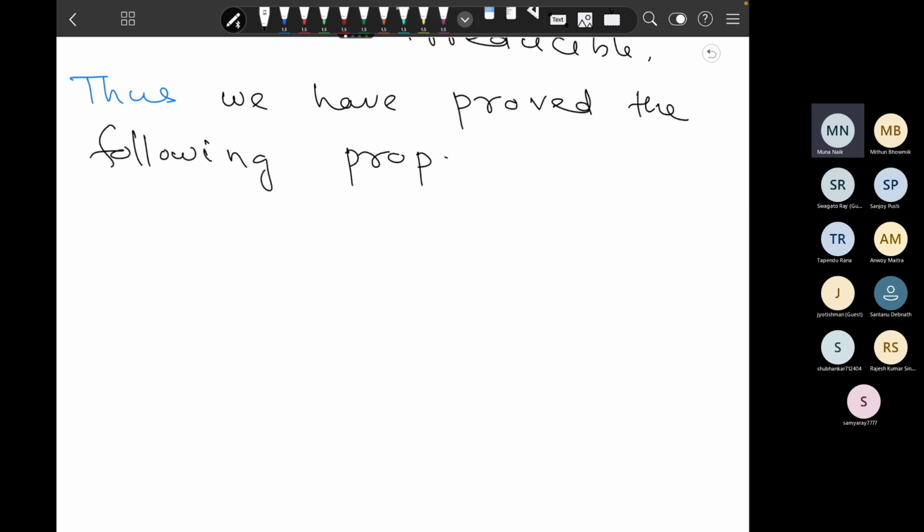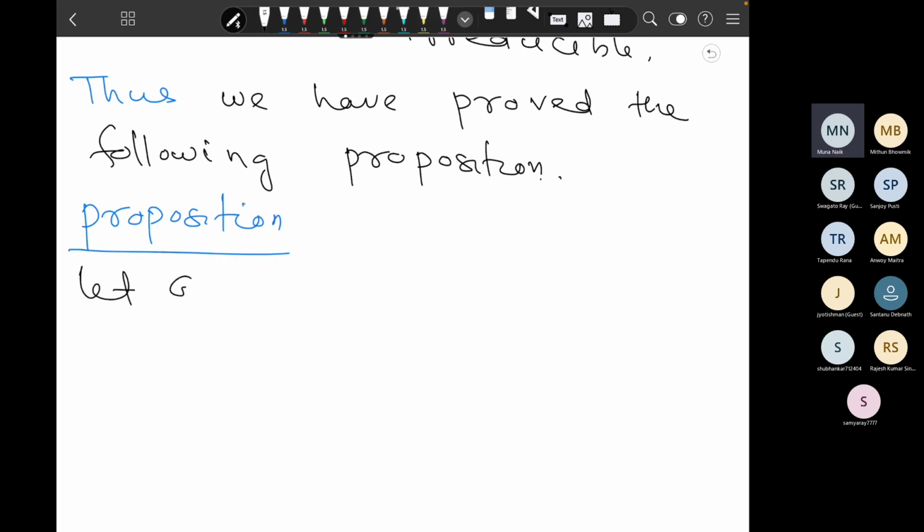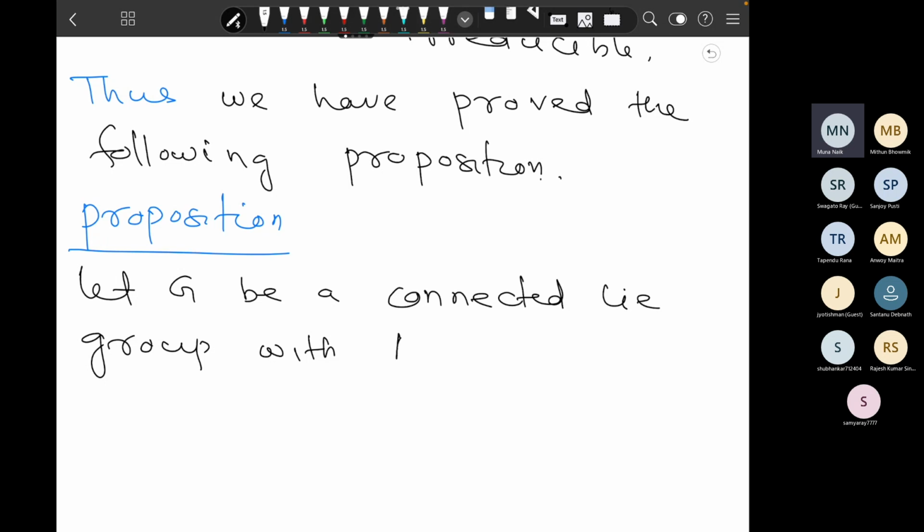Proposition. Let G be a connected Lie group with RG compact.